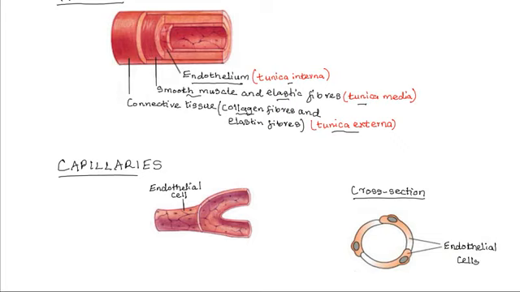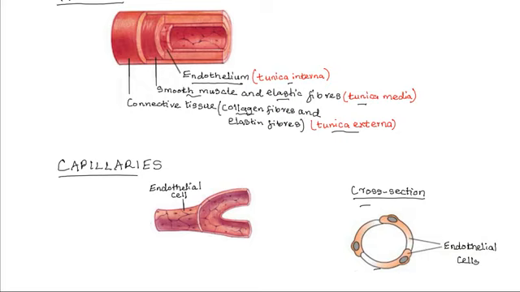Now, each capillary is made up of endothelial cells that are only 1 cell thick. That is the wall. If you look at the cross-section of a capillary, the wall is made up of just 1 layer of cells.